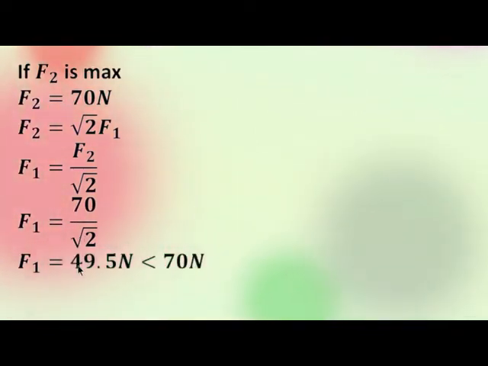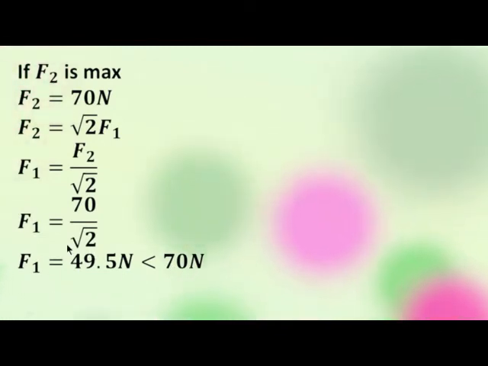We can't use these numbers. How about the other possibility? F2 is the maximum, so the value of F1 equals F2 over square root of 2. If F2 is 70, the maximum, F1 equals 70 over square root of 2. F1 equals 49.5 newtons, less than 70 newtons. So this is what we expected.